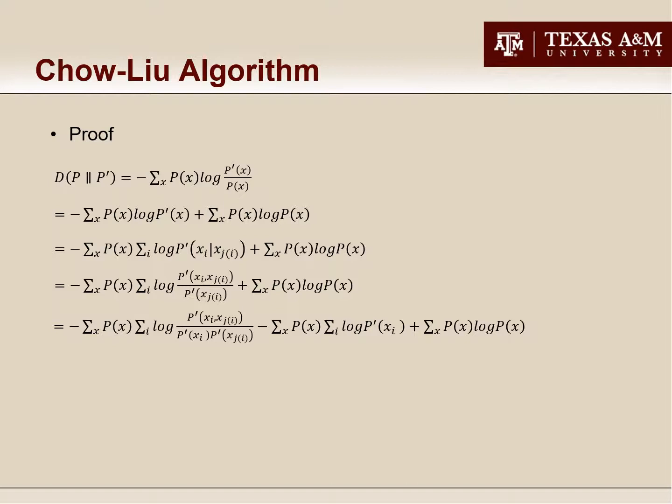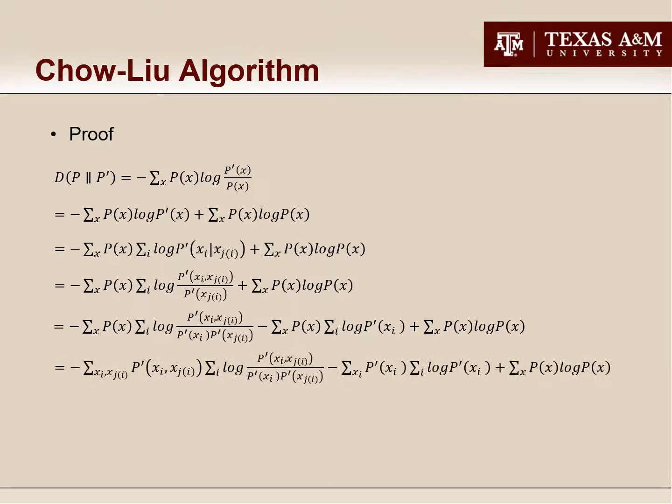Then the first term will become the minus of the sum of P(xi) log P'(xi, xji) divided by P(xi) P'(xji). And the second term will be the minus sum of P(xi) log P'(xi). And the third term will stay the same, that is the sum of P(x) log P(x).